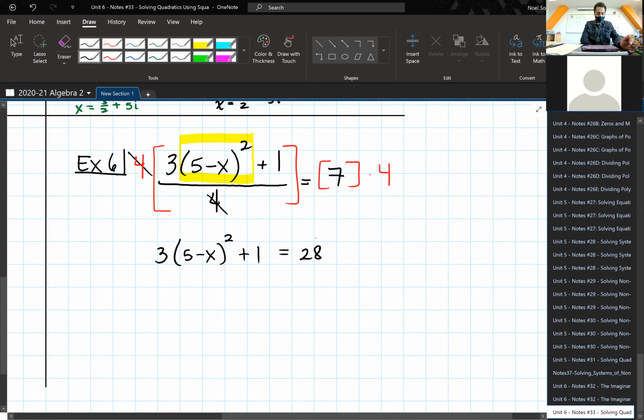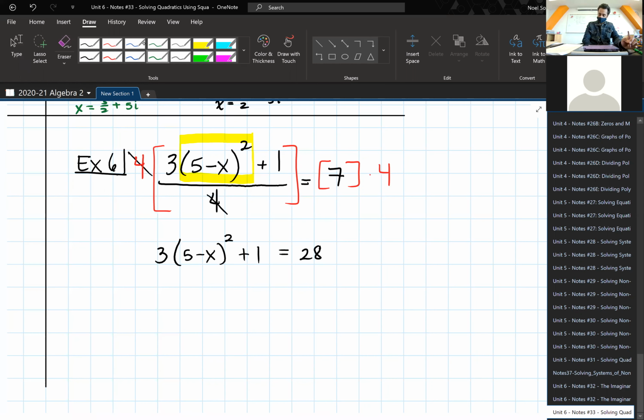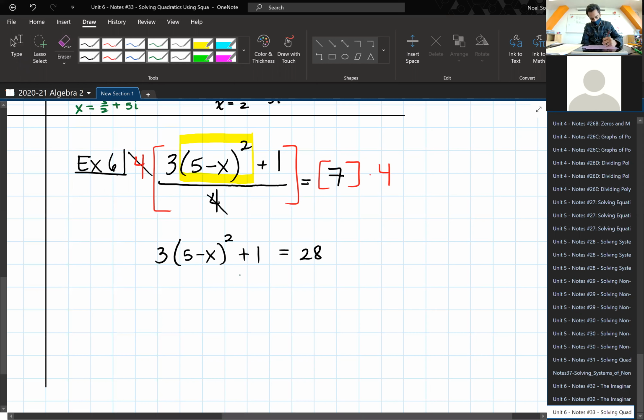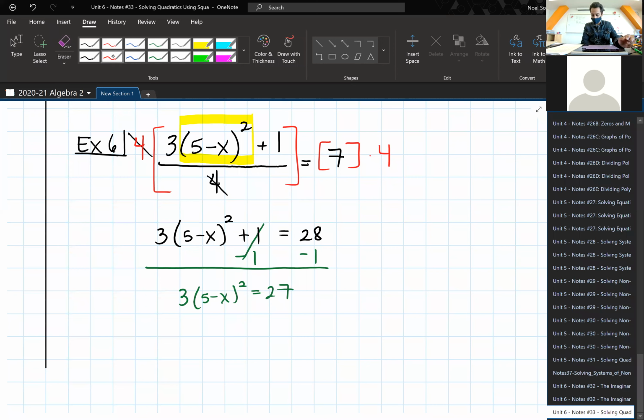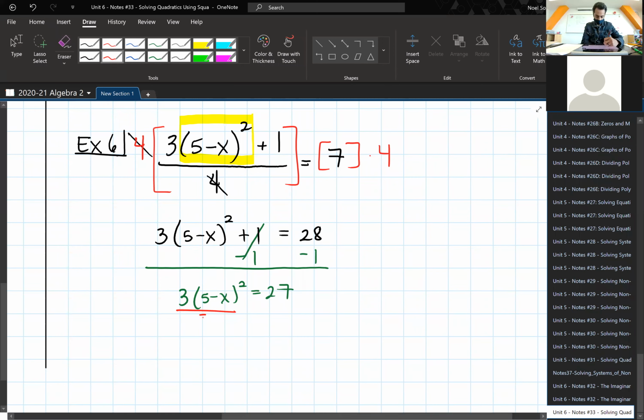All right, what could we do next? Yeah, let's subtract 1. That leaves us with 3 times (5 minus x) squared is equal to 27. And then after that, yeah, we can divide both sides by 3.